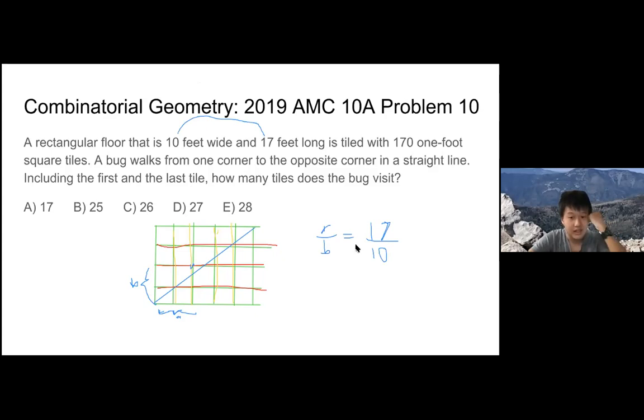But then A and B have to be 17 and 10 because that's already in simplest form. So we conclude that the bug passes through one of these lines 9 plus 16, that's 25 times. And since he starts in a square and then enters 25 more squares, the answer is 26. And I should not be using yellow to write. Any questions?